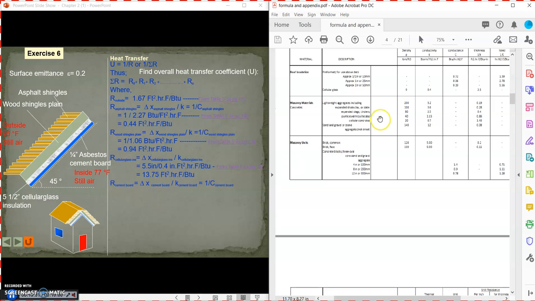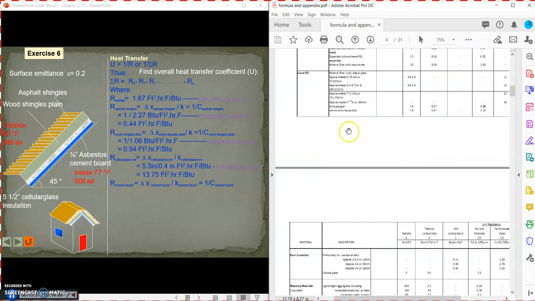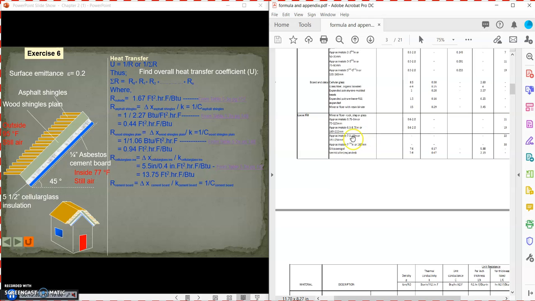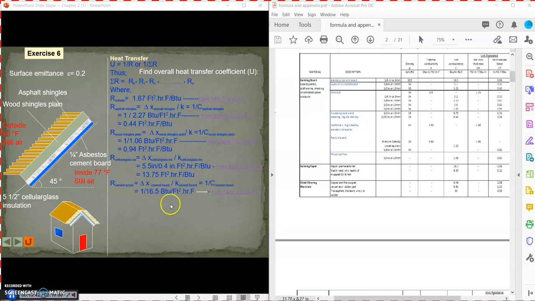Right, the cement board. We have to find the cement board. Where is it? The cement board is located under the building board, which is board, plank, subflooring, sheathing, wood base panel products. It functions as insulation also here in the roof, but it is located under the building board.